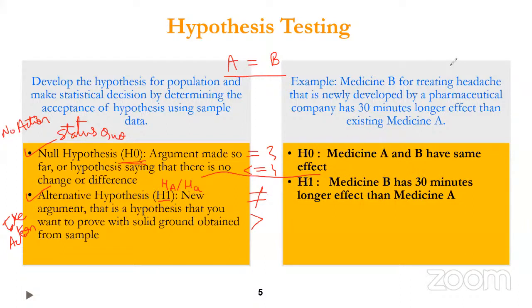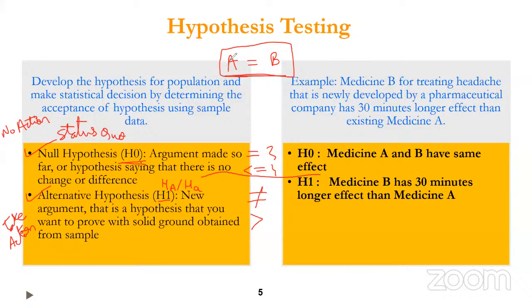So for that purpose, suppose we have two medicines. Forget about this example given over here. In general also, if we have two medicines, A and B, and if I ask you, tell me which medicine is better.